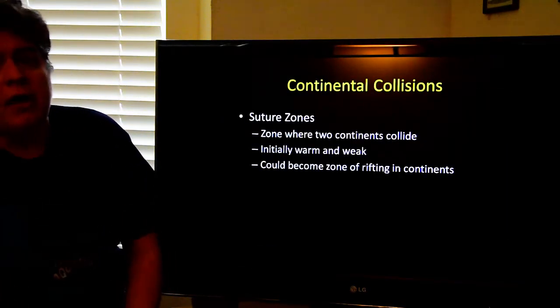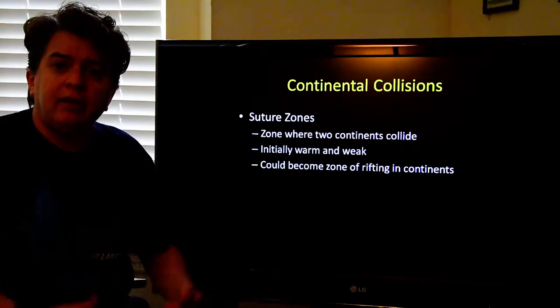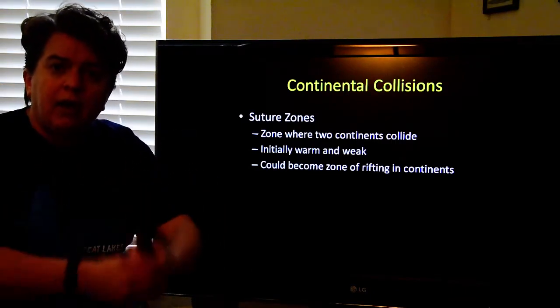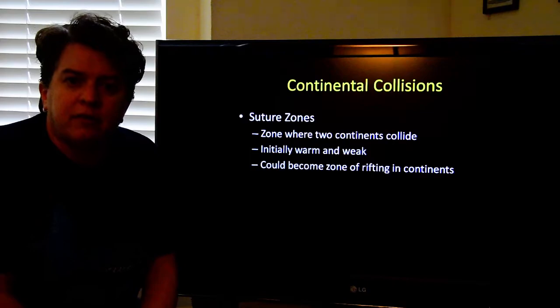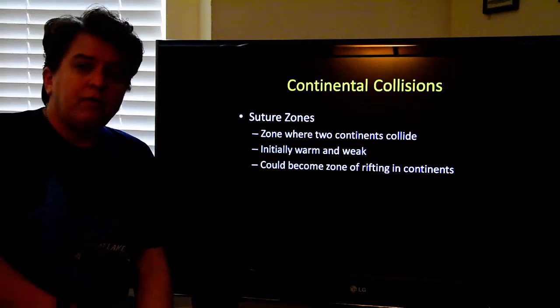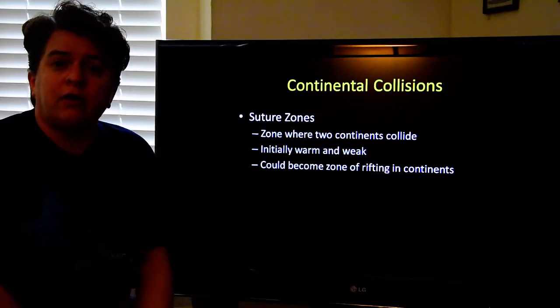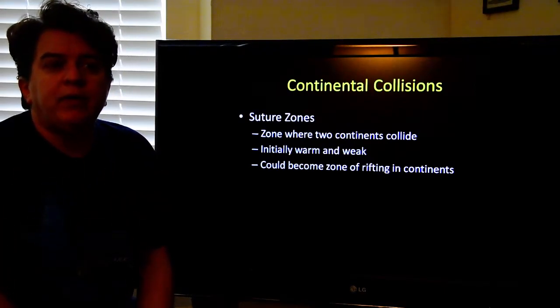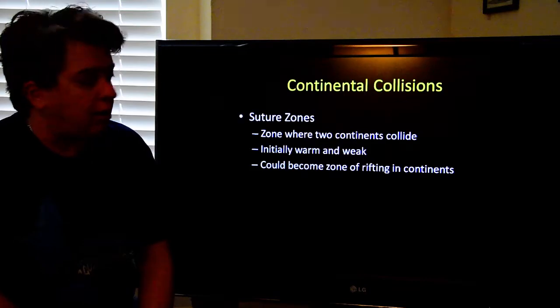Now, when these continents collide and these mountains are built and these continents kind of stick together, this creates something we call a suture zone. And so this is going to be the zone where those two continents collided. So today it would be like where India and Asia collided.